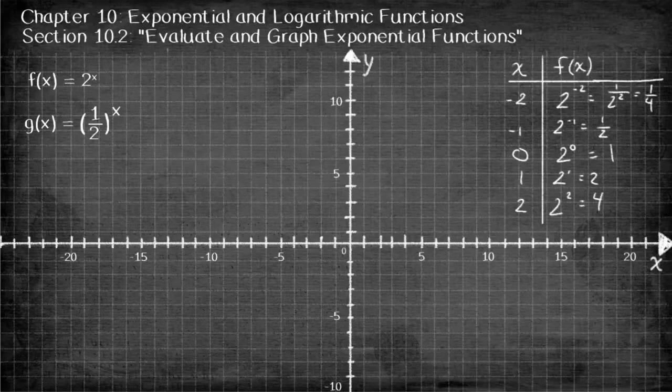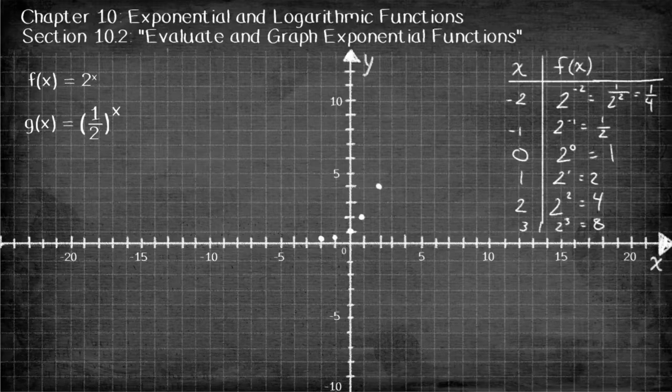So let's graph those points. -2, 1/4; -1 is at 1/2; 0 is at 1; 1, 2; and then 2, 4. We can do another one if we want. At 3, 2 cubed is 8.